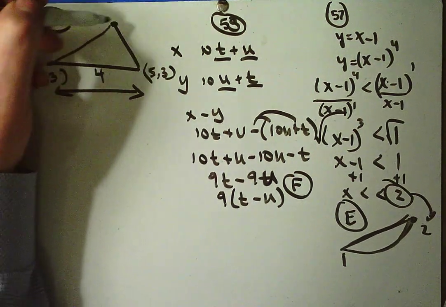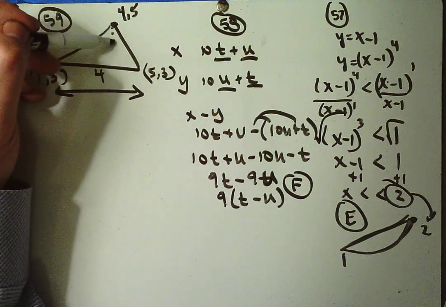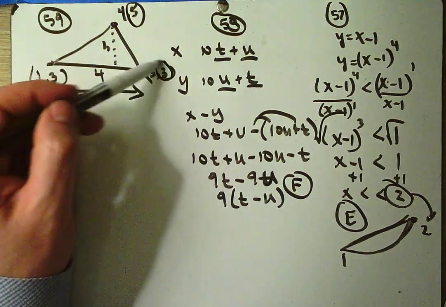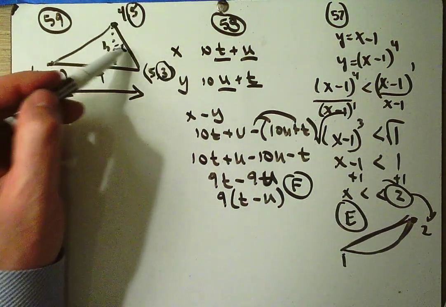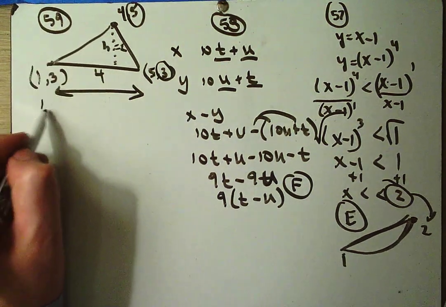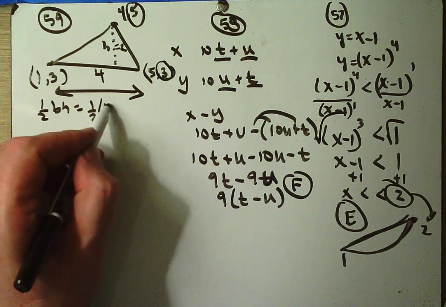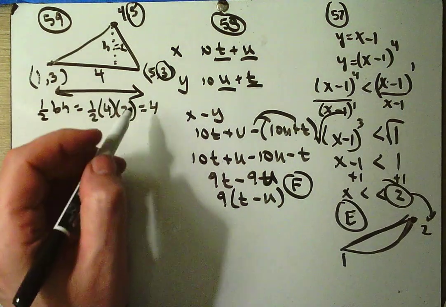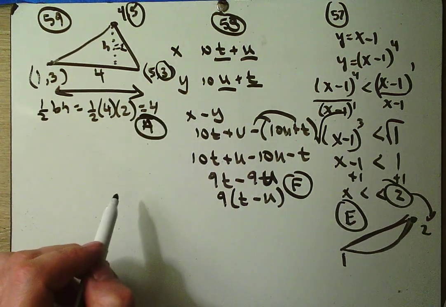Now this point is located up here at 4, 5. And the height of the triangle is the difference between this y value and this y value. 5 minus 3 is 2. So the area of the triangle is 1/2 base times height, or 1/2 times 4 times 2, which is 4. So 4 is my answer, and that's why A is my choice for 59.